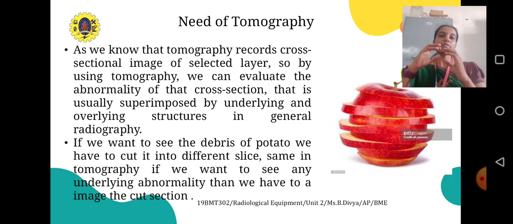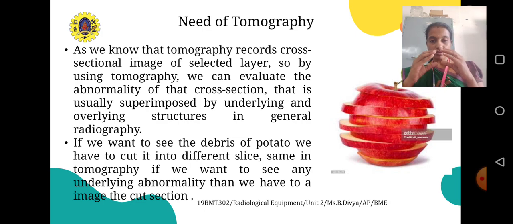In general radiography, we can identify all the parts in the scan. Specifically in tomography, we can see only the selected layer which is to be scanned, and the upper lying layers and the lower lying layers will be superimposed.